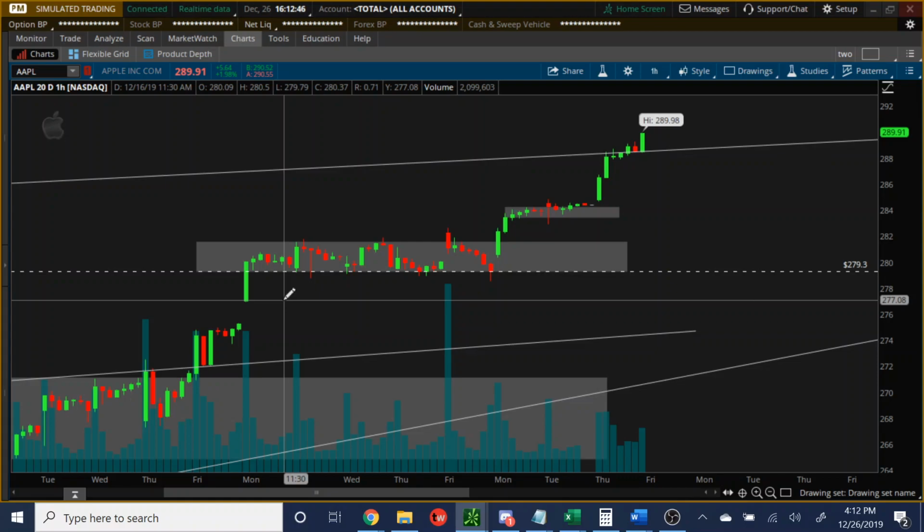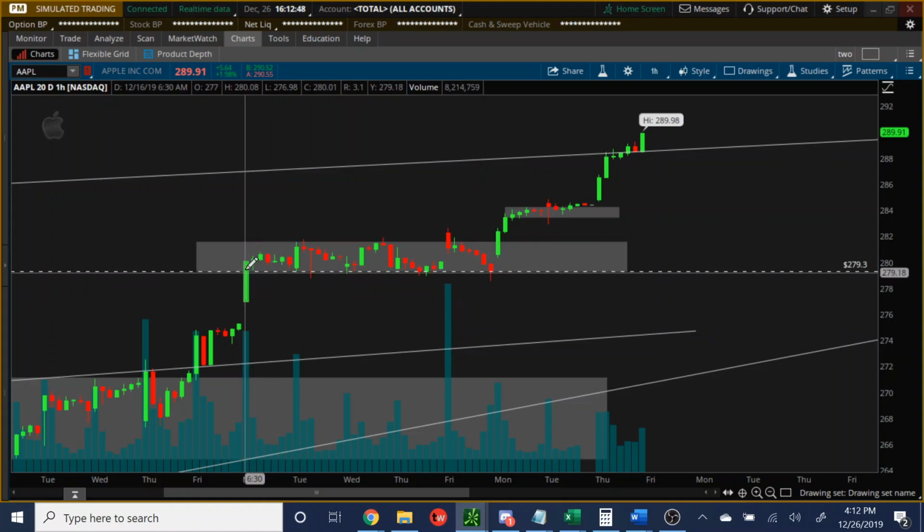But when price is not even getting halfway down, barely halfway down this up move, that's showing you that buyers are stepping in at higher and higher and higher prices, and they're likely going to push that through the top. They're likely going to break out again.